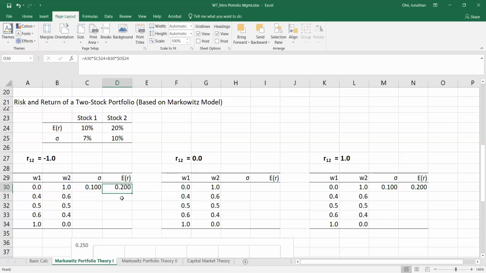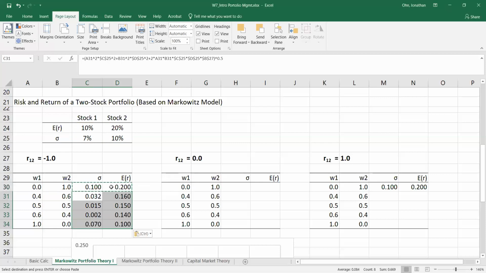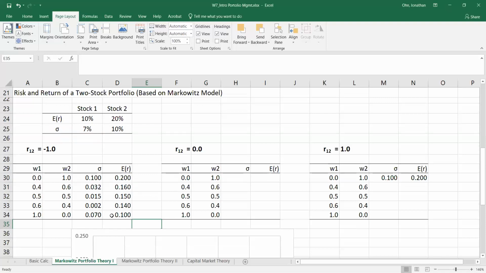All right, that's 20%, right? Okay, we did this one here. Now let's copy and paste. The only reason I put the $ sign to fix the cell is to copy and paste.